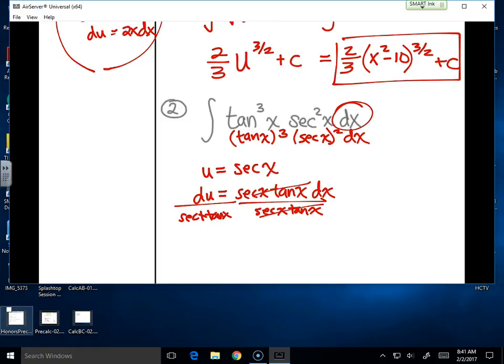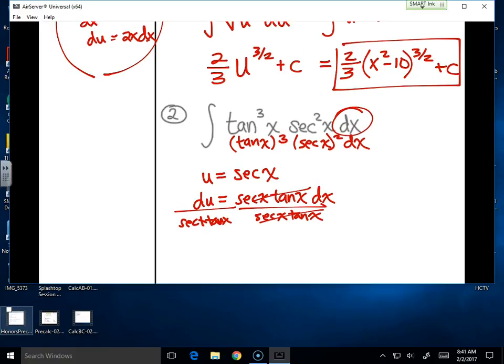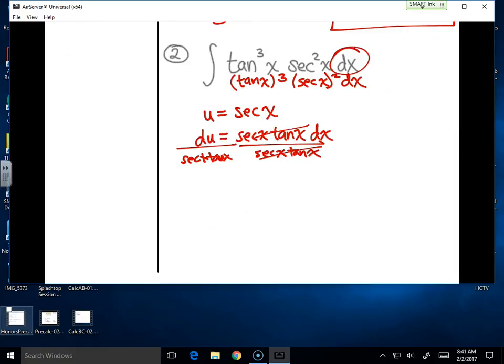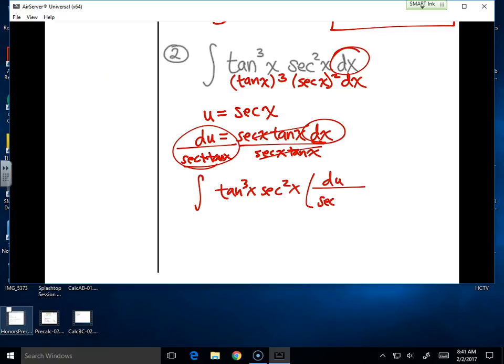Then I could plug in and see what's left before I even do the u sub. Let's plug in the du instead. So I have tangent cubed, secant squared. I'm going to plug in for dx. So I'm going to get du over secant x tangent x. Can I reduce anything? Yeah. I can cross off a secant with one of the secants and a tangent with one of the tangents, right?